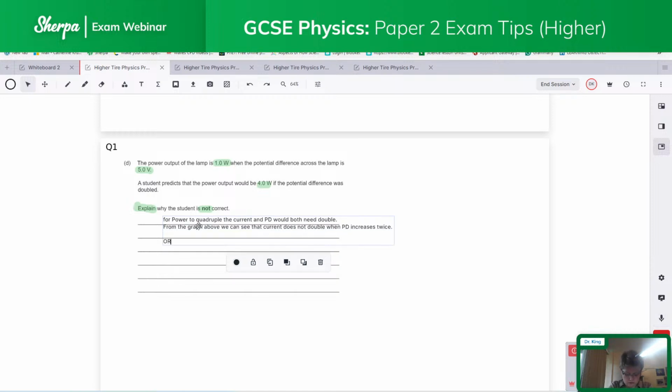Or the current doesn't double simply because the potential difference and that.